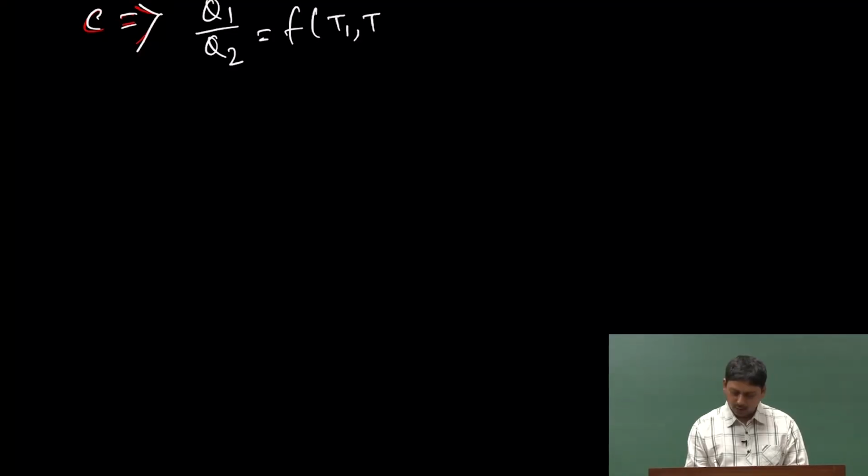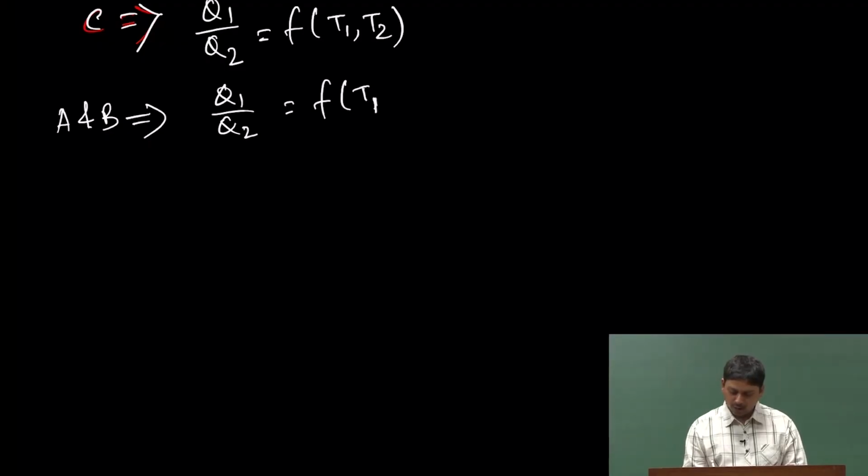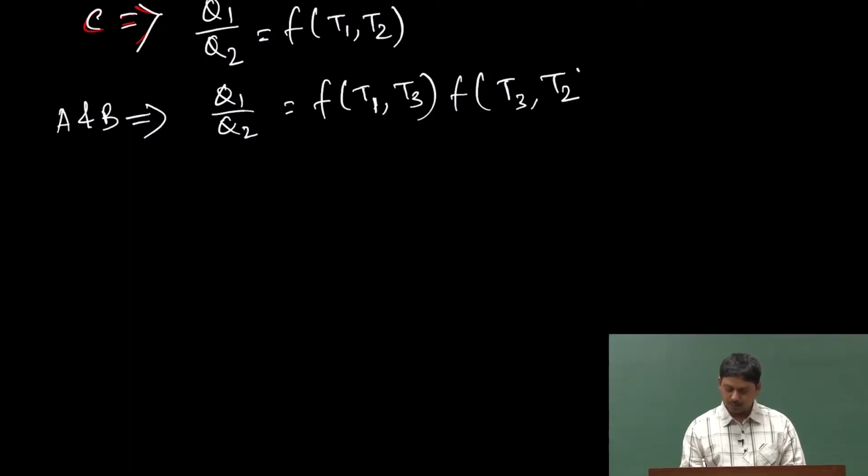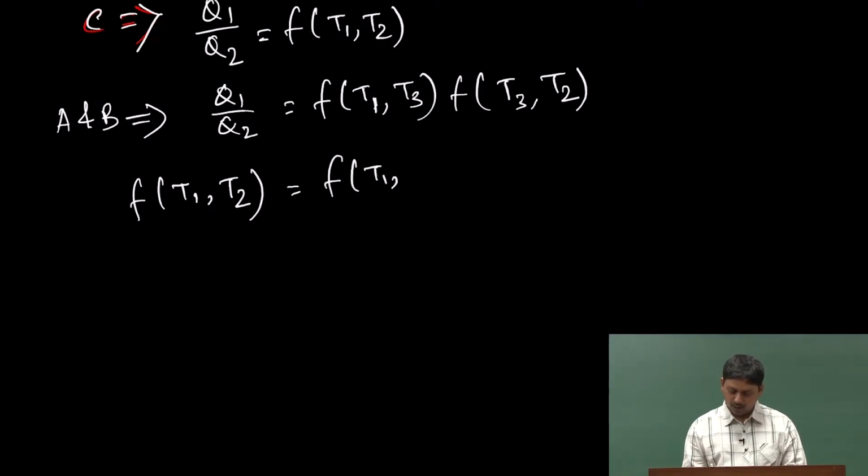So, what we have seen is that from engine C we got Q1 by Q2 as a function of T1 T2, and from combined engine A and B we got Q1 by Q2 as F T1 T3 multiplied by F T3 T2. Okay. So, equating these two we get F T1 T2 is a product of F T1 T3 and F T3 T2.